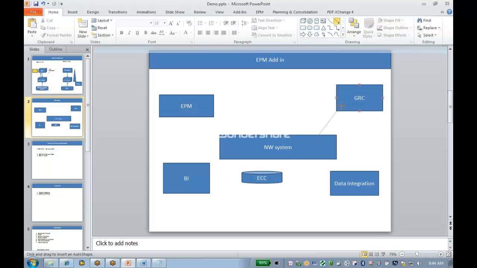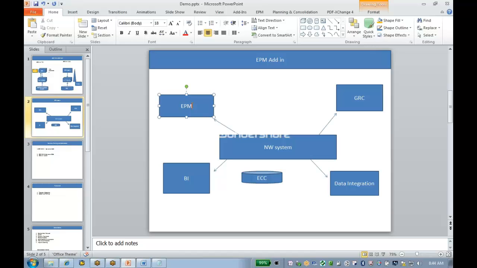This is part of NetWeaver. This is part of NetWeaver. Even ECC is part of NetWeaver. So why did SAP divide it like this?